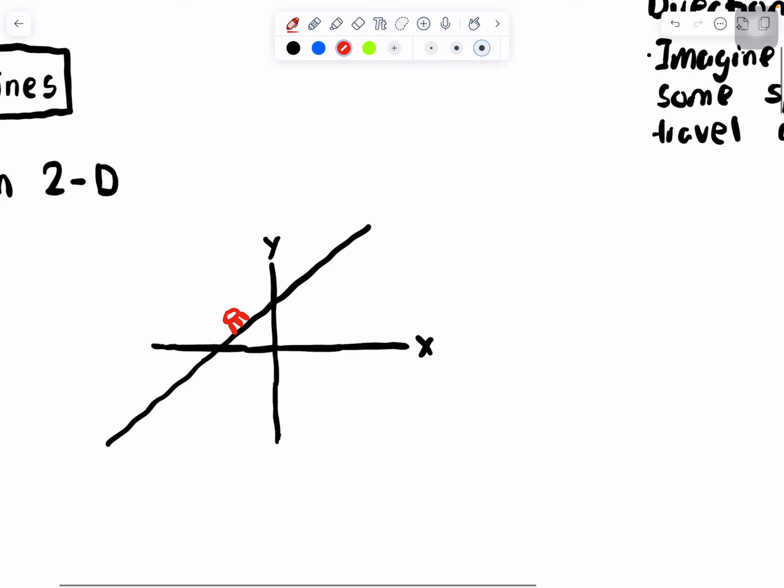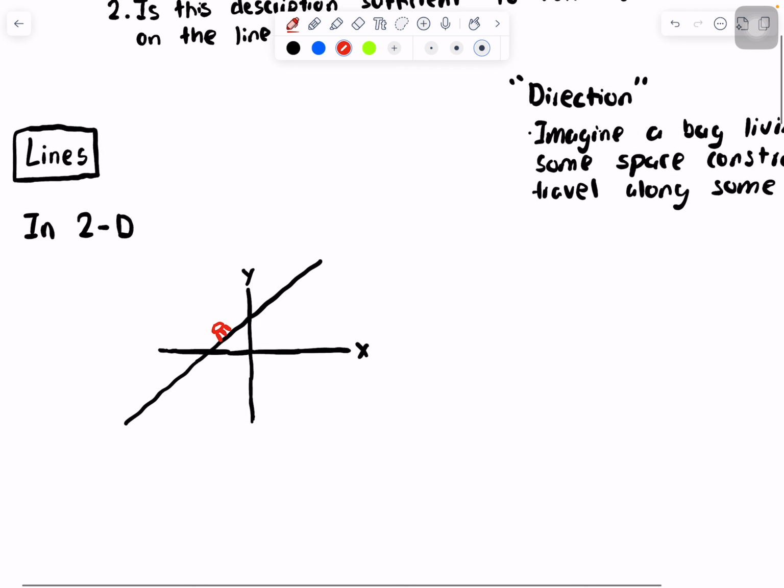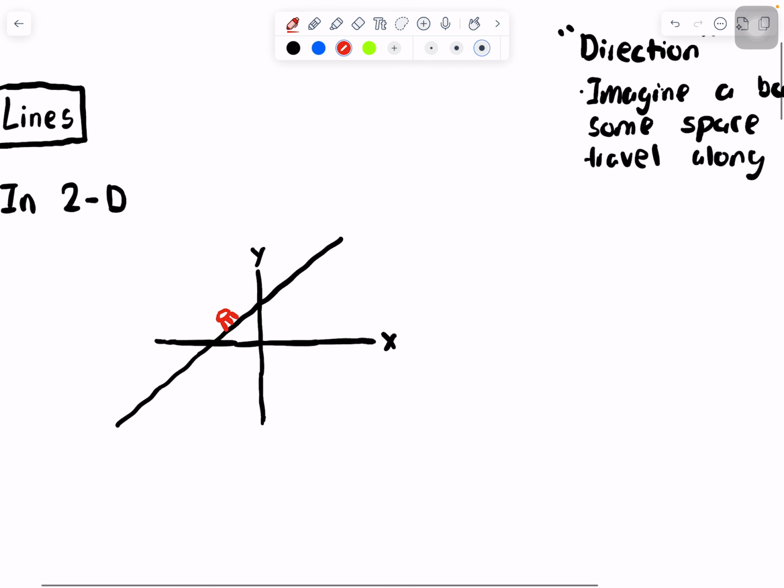In your world, if you can only travel along this direction, what makes this direction, in a sense, different from this one? As a bug, you wouldn't really see much difference. If this is your entire world, this line, quite a sad world, I guess, a bug on this line would see the same way. They would have no difference in distinguishing their worlds.